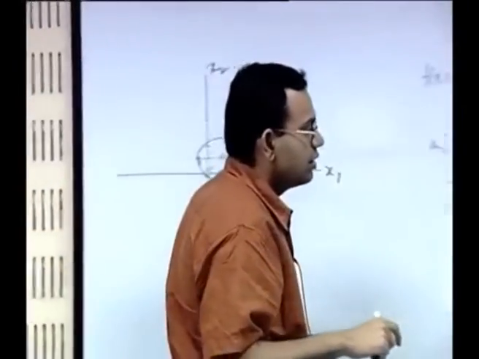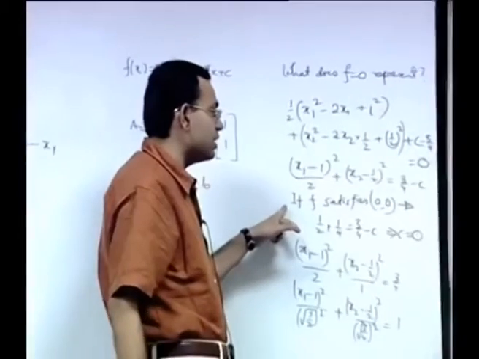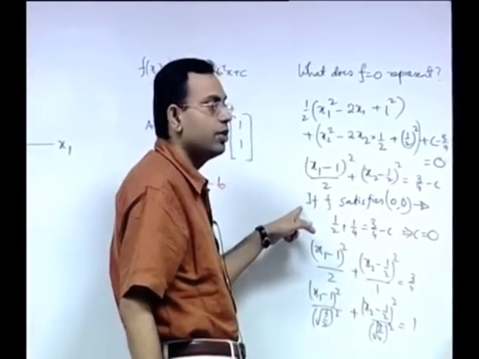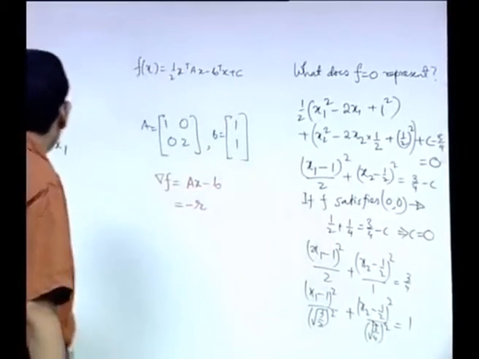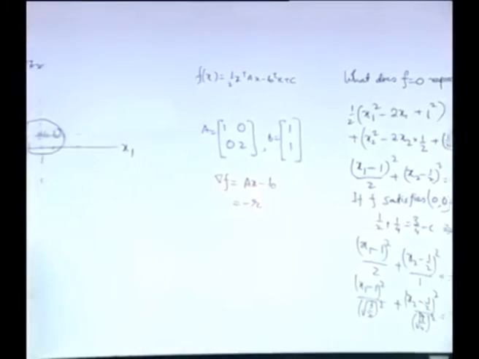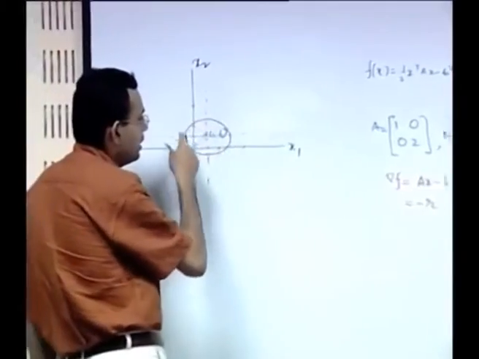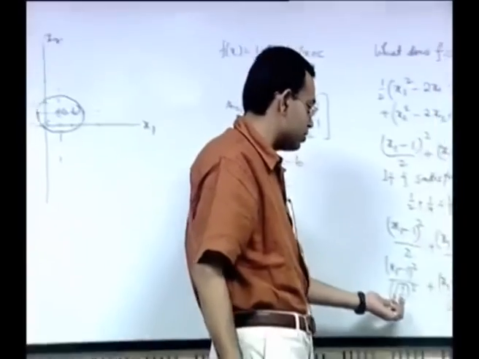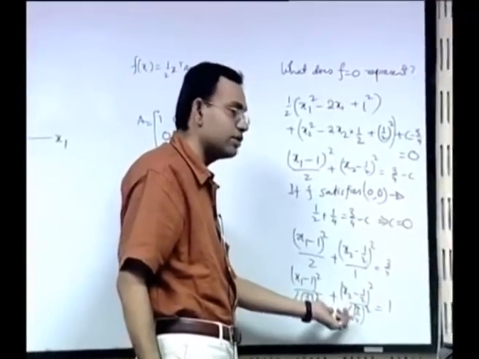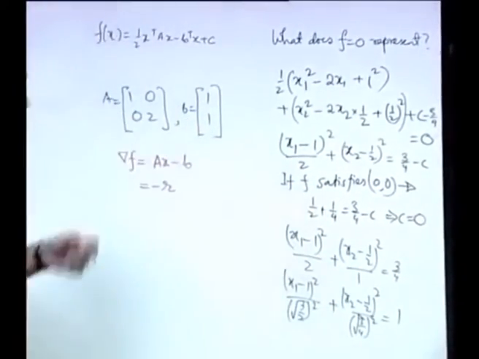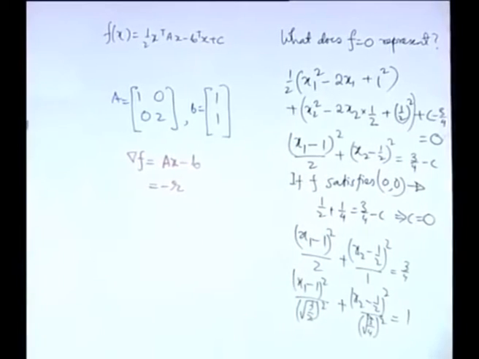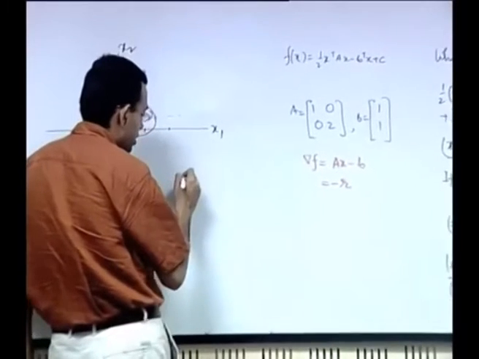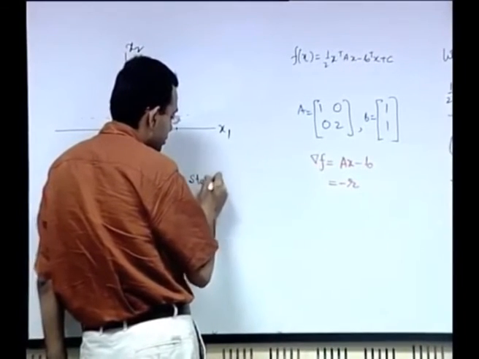By setting c equal to 0 we ensured that the curve representing f will pass through 0 comma 0, and so it represented an ellipse with semi major axis length root 3 by 2 and semi minor axis length root 3 by 4. Now the method that we are going to describe on the basis of this example is known as the steepest descent method.